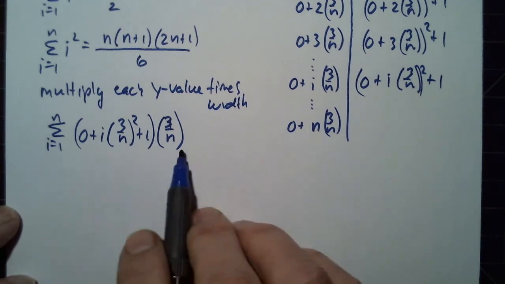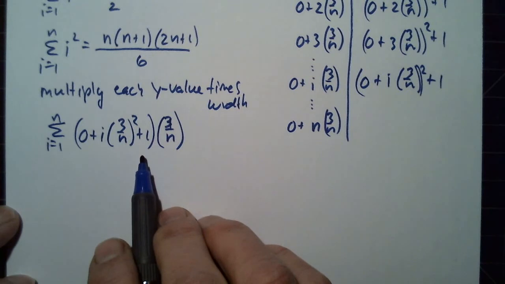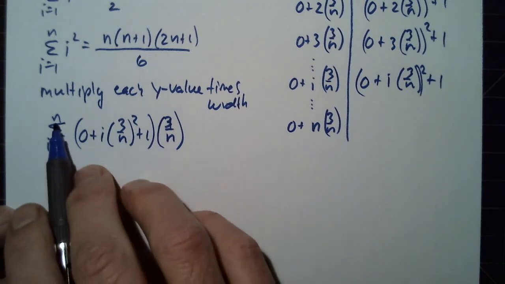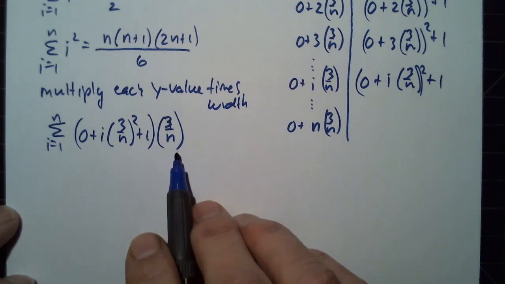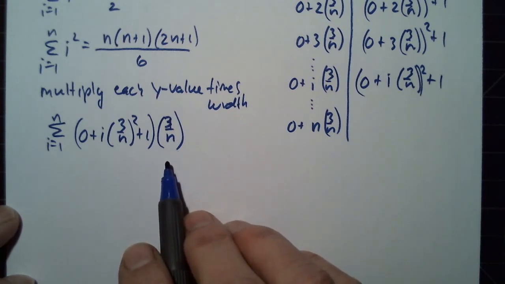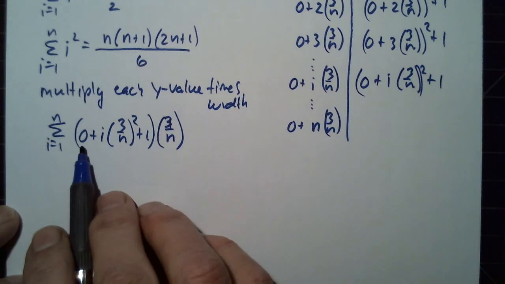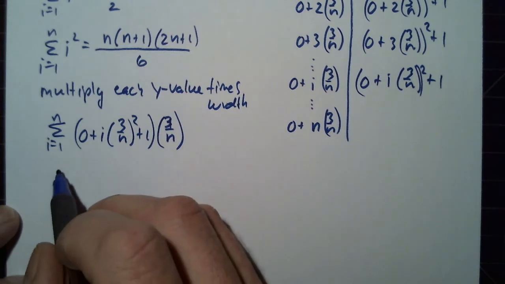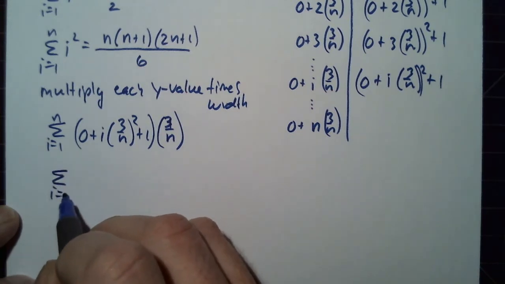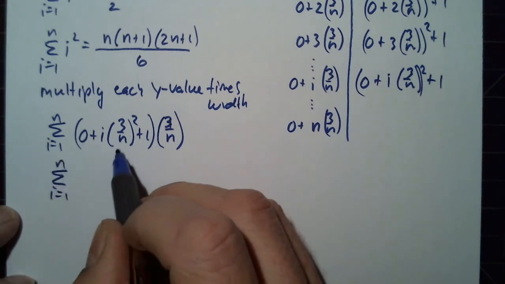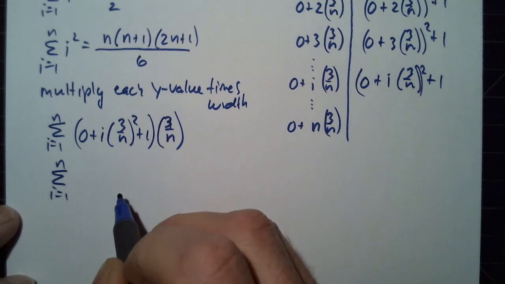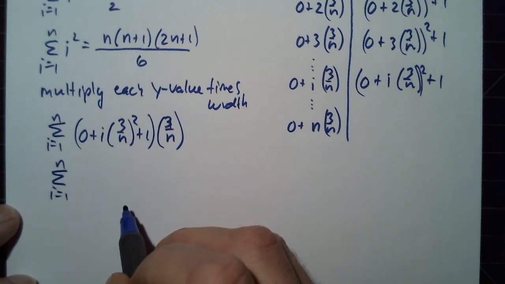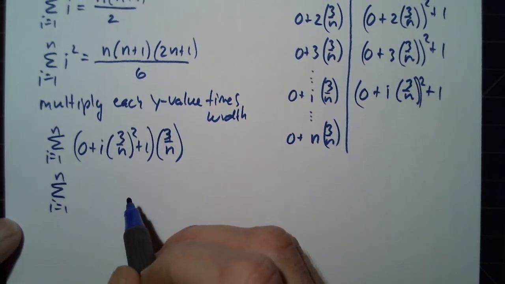Let's simplify that, and then we want to find the limit as n goes to infinity, and then we'll have the sum of infinite rectangles. So we don't have to have the 0. Let's just simplify this. No 0. We're going to square that, and I made a mistake here.